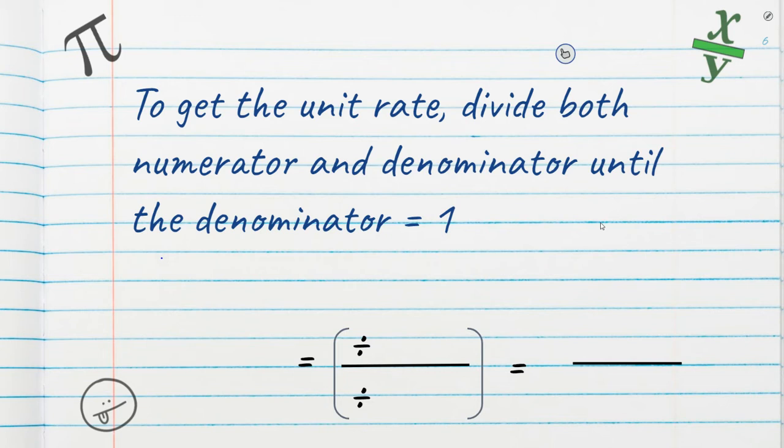So remember when we were simplifying fractions, we would simplify, and sometimes it wouldn't be the fraction's simplest form, and you could simplify again because you could divide by another number. You would divide and divide until that denominator, that bottom number, equals 1.